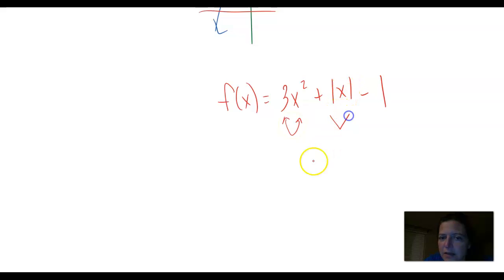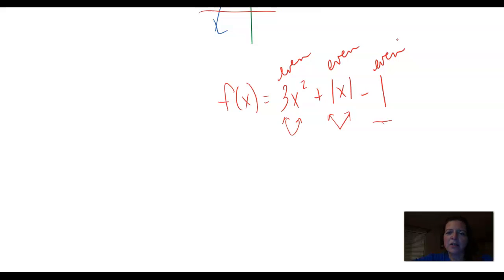This would be the graph of absolute value, which also fails the horizontal line test. And then this is a constant, and the graph of a constant is literally a horizontal line. So this term is even, this term is even, and this term is even. So if you are an even function, you are having y-axis symmetry, and you are going to fail the horizontal line test. Therefore, no inverse function for you.